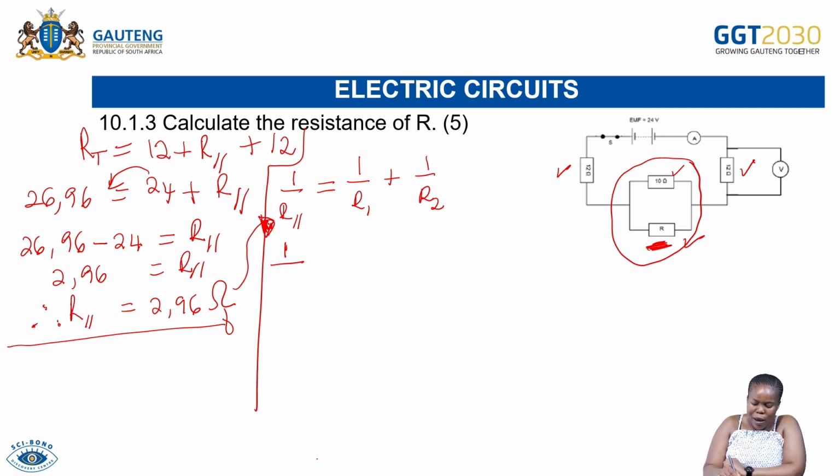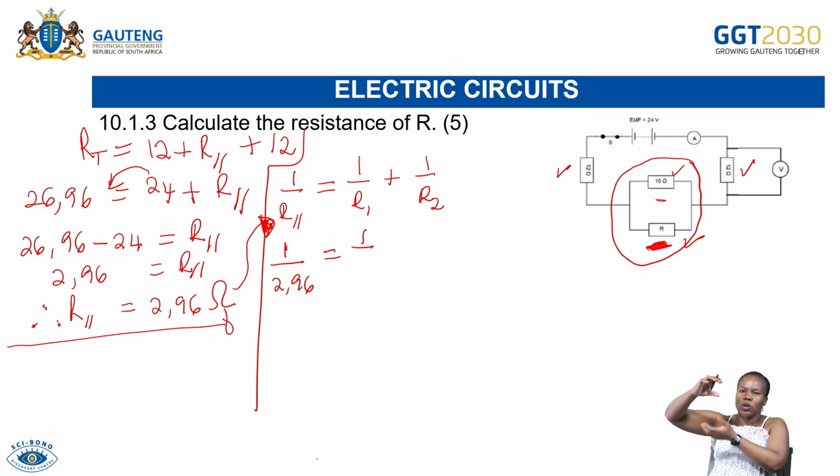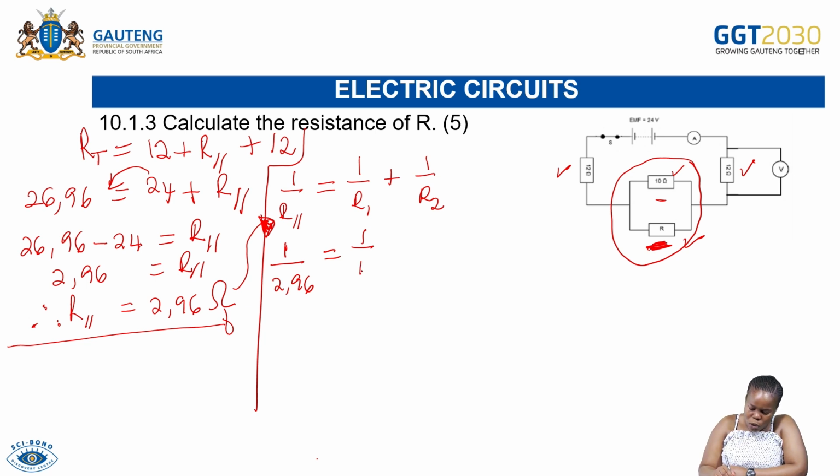This is my R parallel, which is 2,96. All right, is equals to 1 over R1. R1, I know it to be 10, because there are two of them, one at the top and one at the bottom. Because there are two resistors that are in parallel to each other, this is going to be 1 over 10 plus 1 over R2.